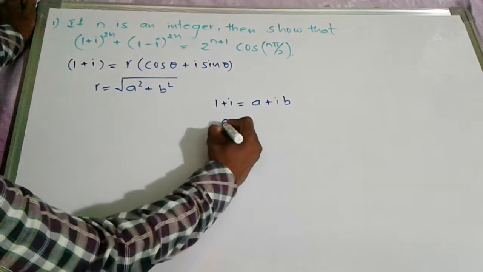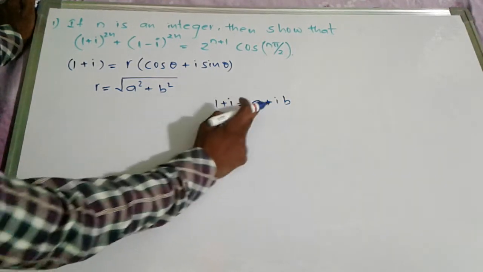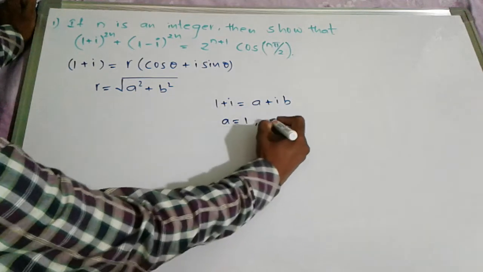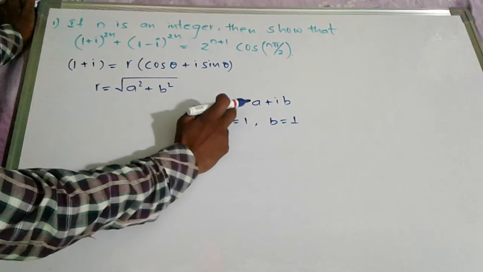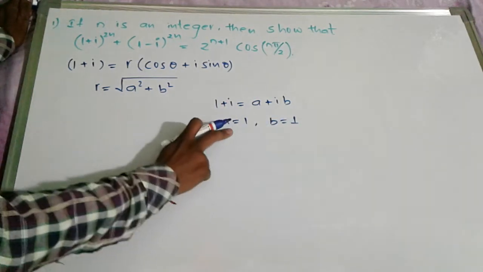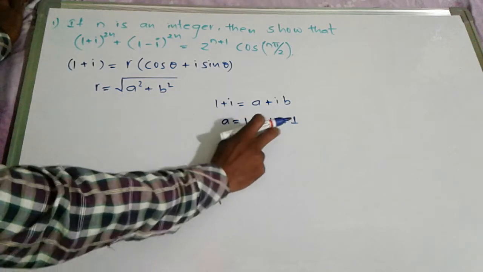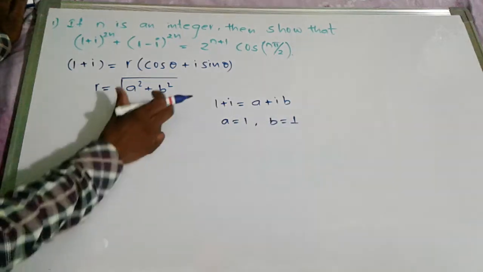Here a is equal to 1 because here the constant is a, and b is also equal to 1 because there is no other term here. So we got a as 1 and b also as 1, and I am substituting these values here.